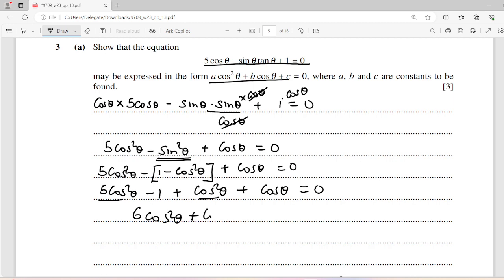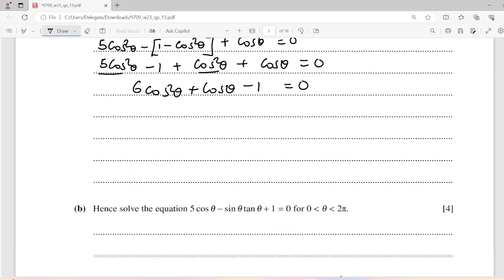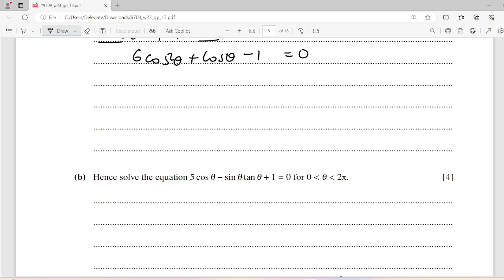So question 3, it was about trigonometry. So part B says hence solve. So we begin from where we stopped. So the whole of this expression is equal to that. So when it comes to solving, I will be solving 6 cos squared theta plus cos theta minus 1 equaling to 0.